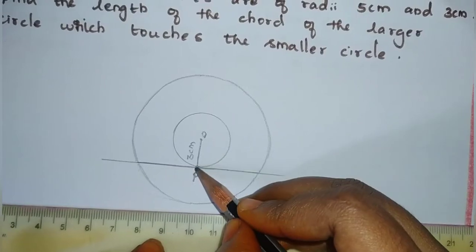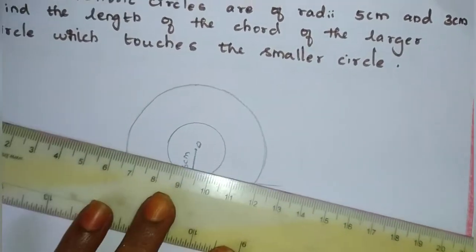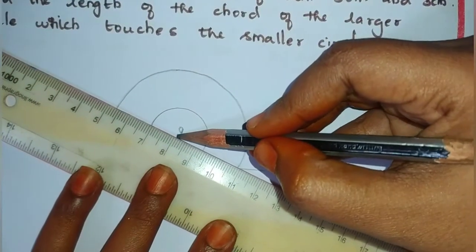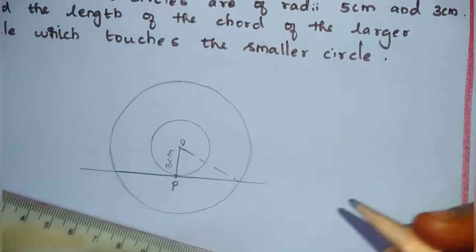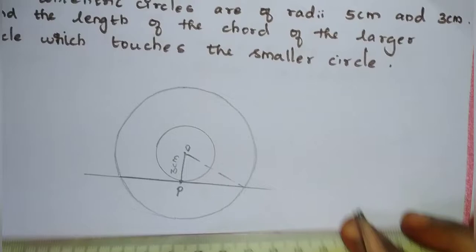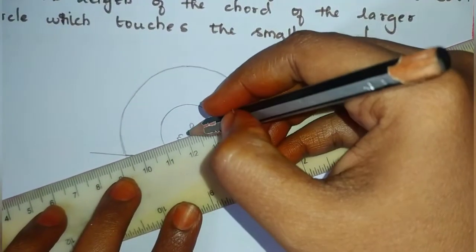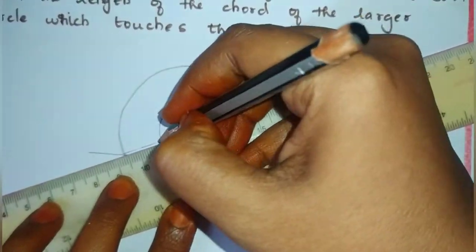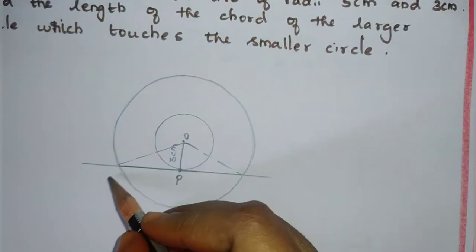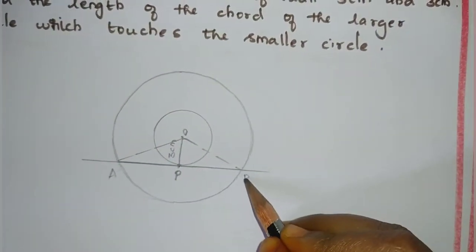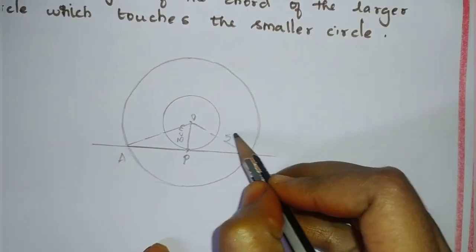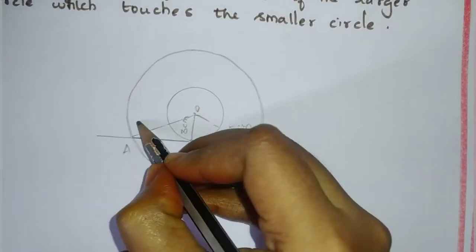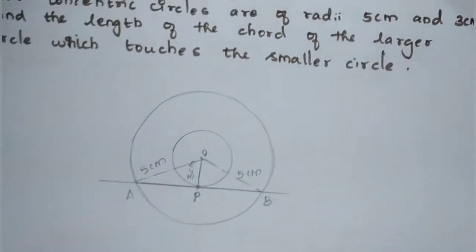Center O, and this is the radius of the smaller circle. Mark this as A, B. This is the radius of the bigger circle, 5 cm, 5 cm.